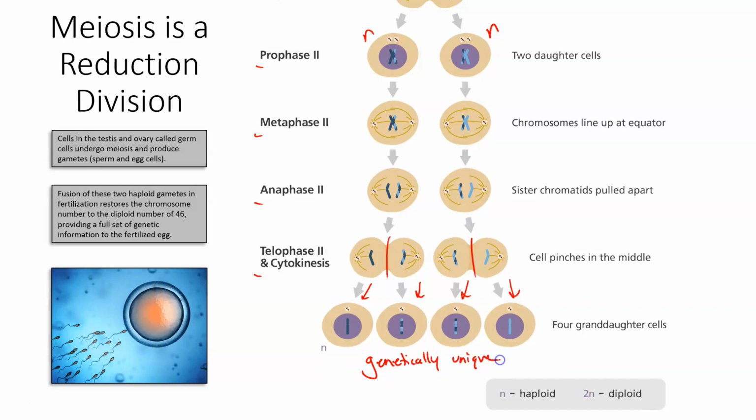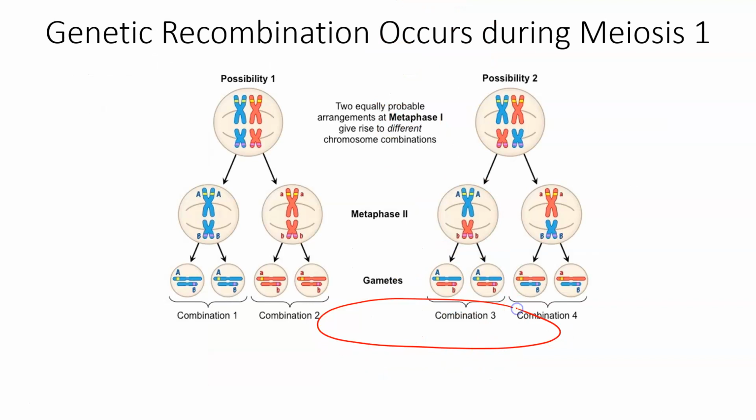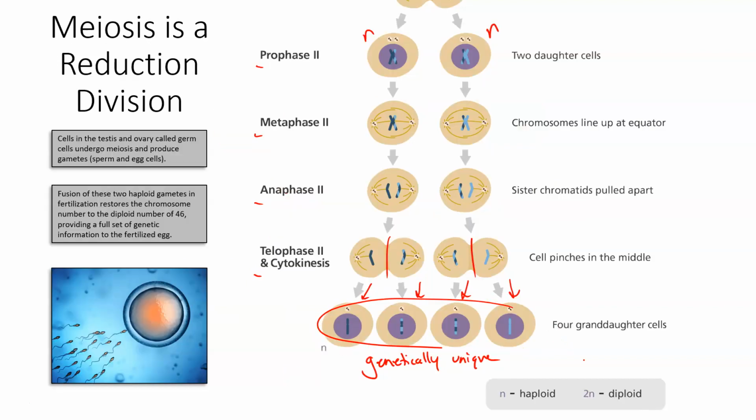unique cells which result from our meiosis event. Okay, all of these are daughter cells, but all of these cells are what we call gametes, which in a male's case would be sperm, and in a female's case would be eggs.